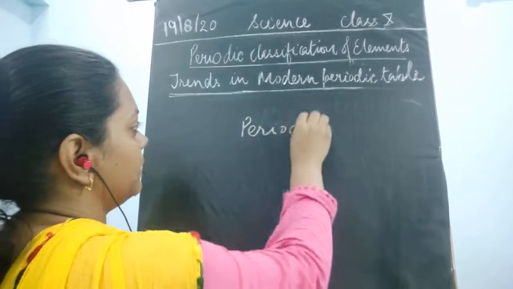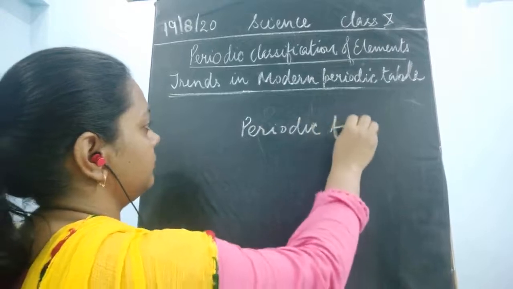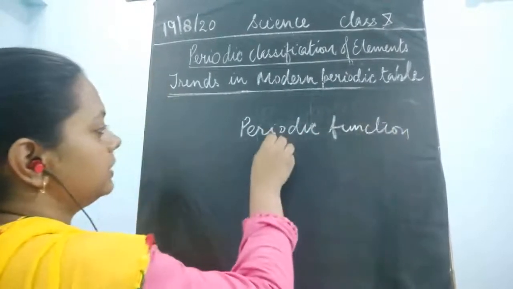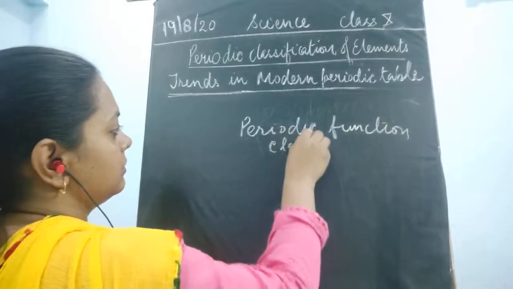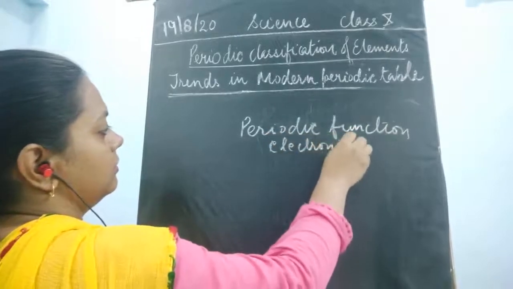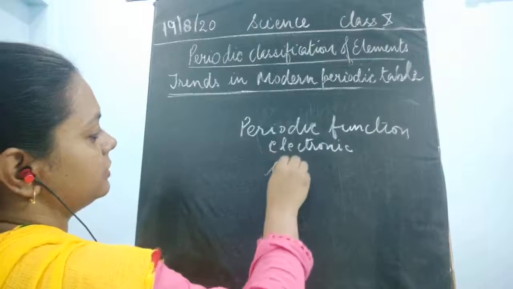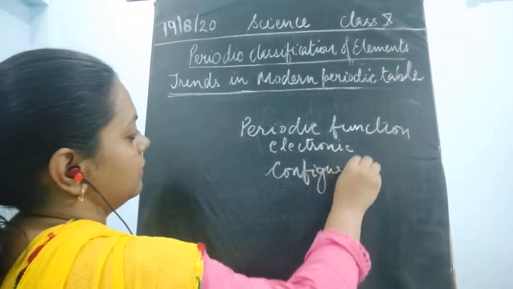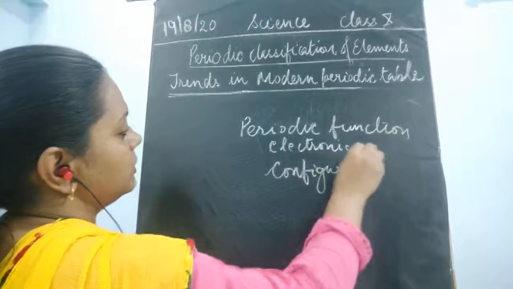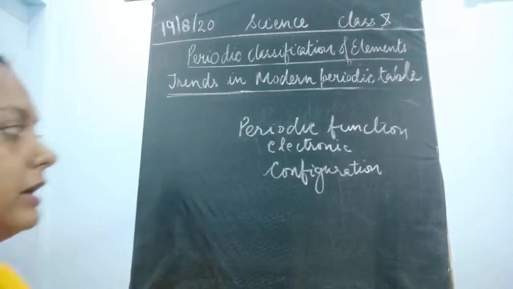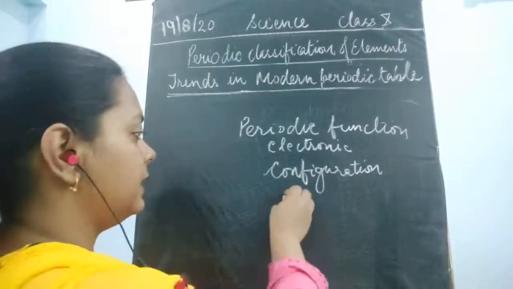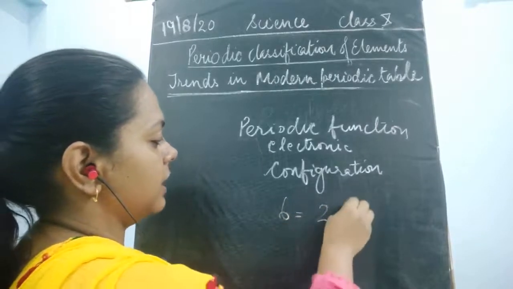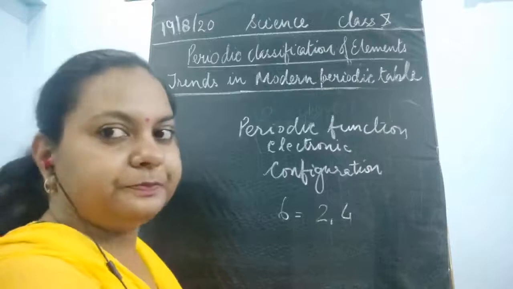What is this periodic function? It is related with the electronic configuration. Now what is this electronic configuration? It means that the electrons of the atomic number are being classified. If it has 6 as atomic number, then it has to be classified as 2 and 4.